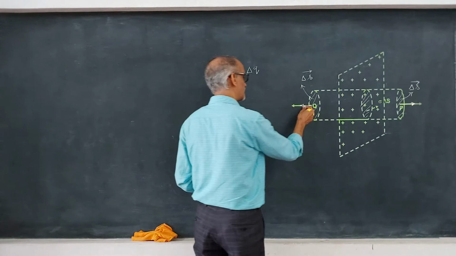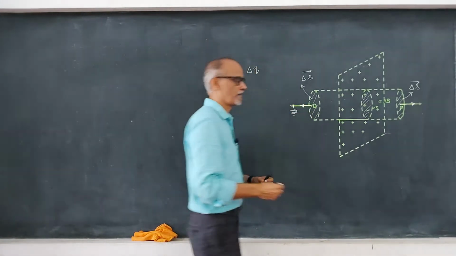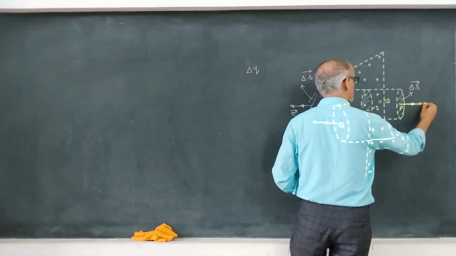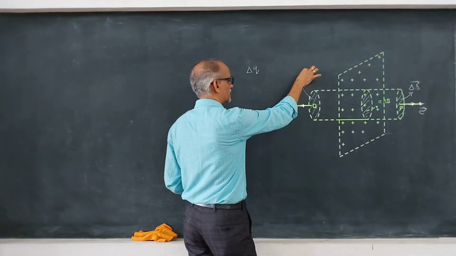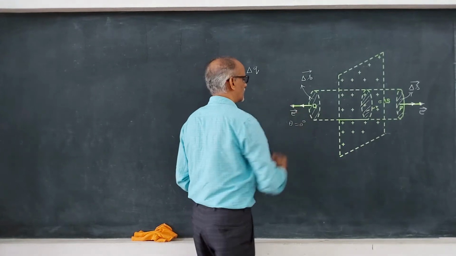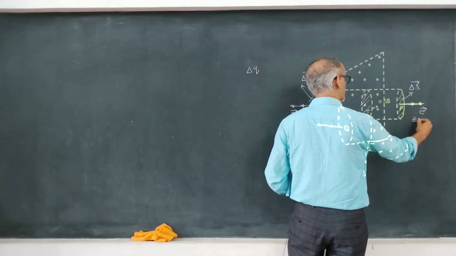What is the direction of the electric field? The direction of the electric field will be like this. This is the E vector, perpendicular to the sheet. So the angle between the area vector and the field is 0 degrees, because they are along the same direction. Even here it's 0 degrees.